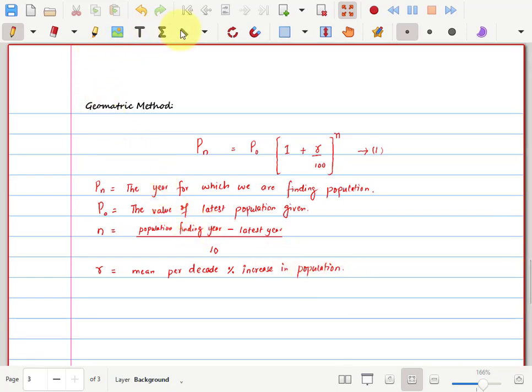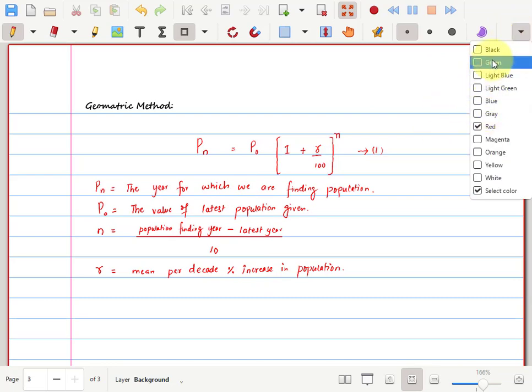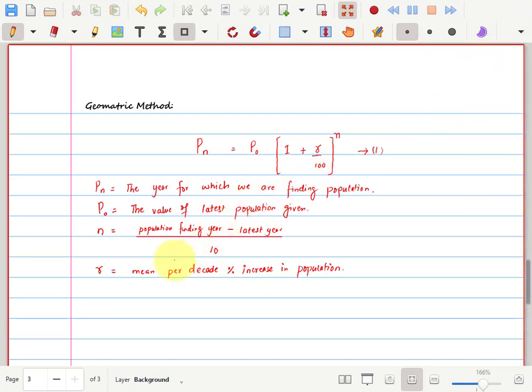So in the previous case, in the arithmetic method, we were considering the mean per decade increase in population, but in this case we are considering the mean per decade percentage increase in population. That's the main difference.